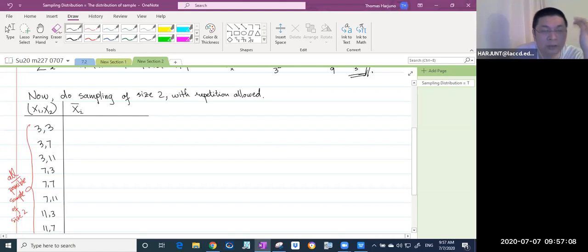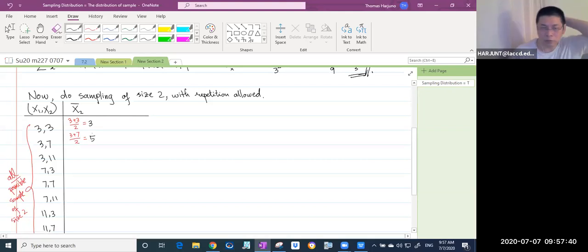That's the notation. X bar is the sample mean, okay? The subscript 2 there is the sample mean of sample size 2. Now then, this will be, for example, this one, 3 plus 3 over 2. That's equals to 3. This is 3 plus 7 over 2. That will be 5.